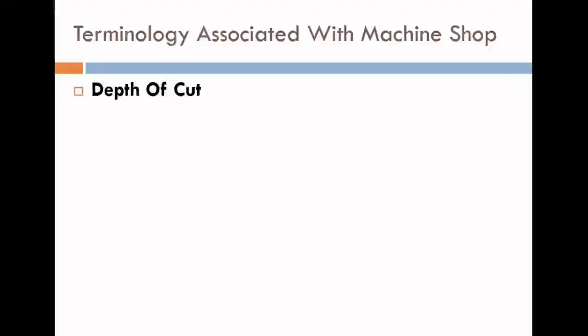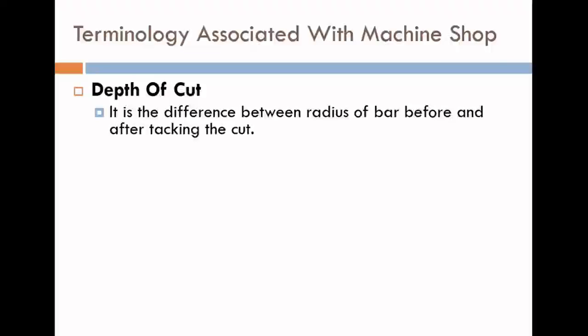The second terminology is the depth of cut. It is the difference between the radius of the bar before and after taking the cut. In other words, it is the amount by which a tool or cutter is inserted into the metal during one cut.